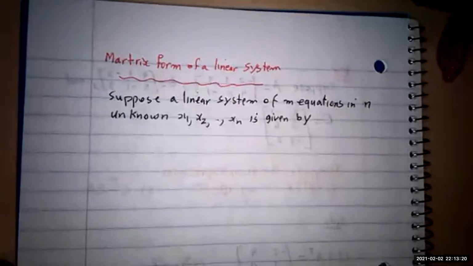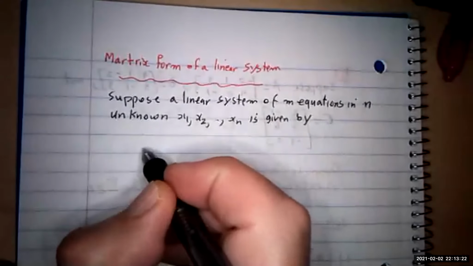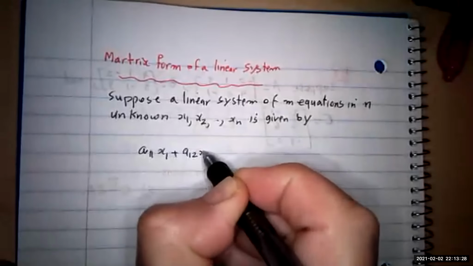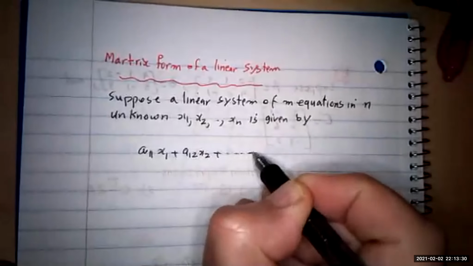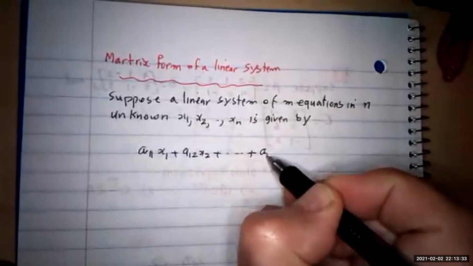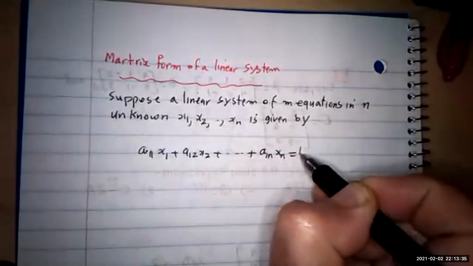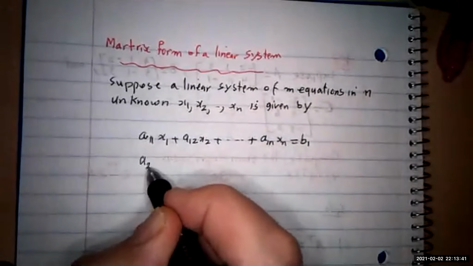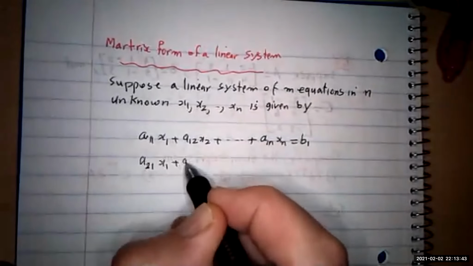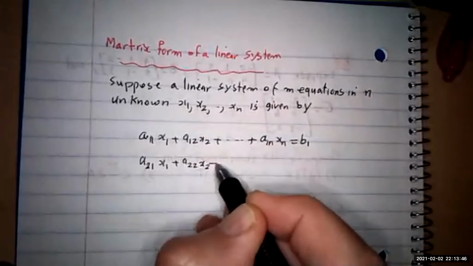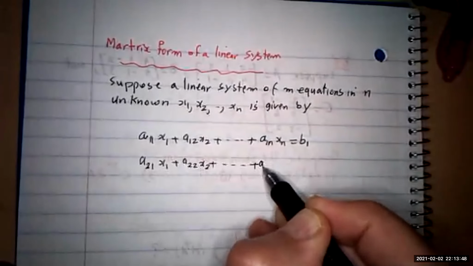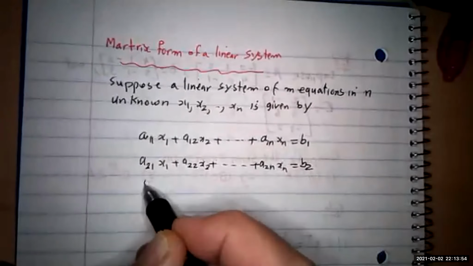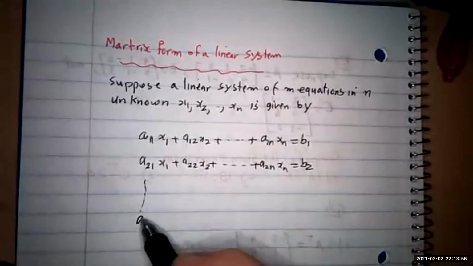So create the system as usual. The system starts like the one we did before: a11 x1, then a12 x2, up to a1n xn equal to b1 is the first equation. Then we continue to the second row, first column: a21 x1, and continue to get a2n xn equal to b2.